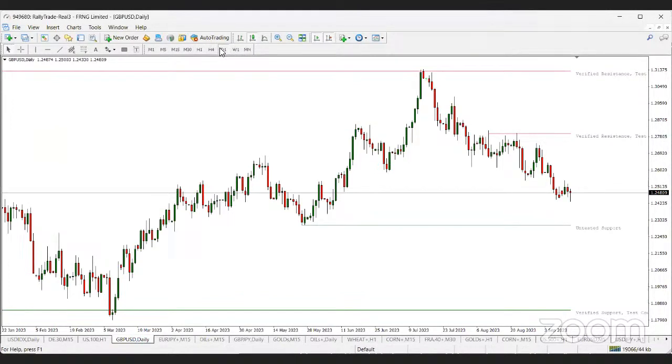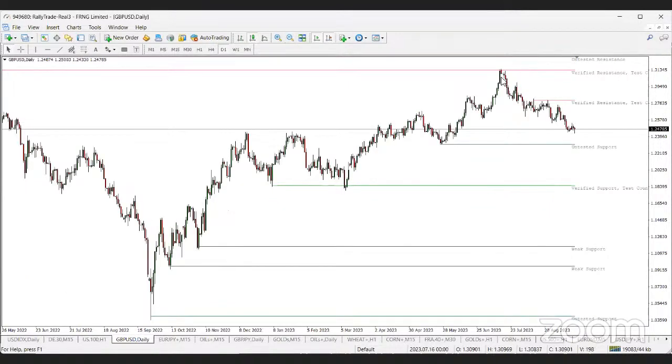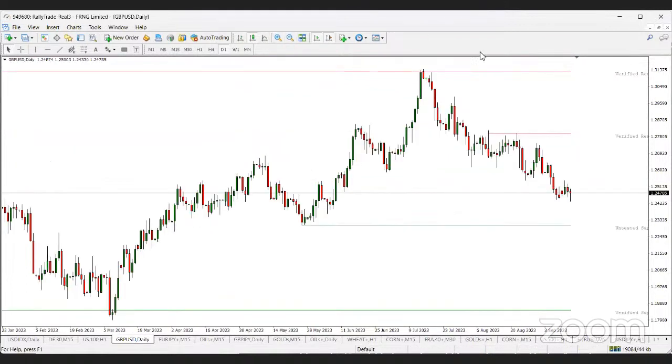You can tell that GBP USD is on a downtrend. Why? Because from this particular zone here, from this up point, GBP USD has been making a series of lower lows and lower highs. So GBP USD is on a downtrend.